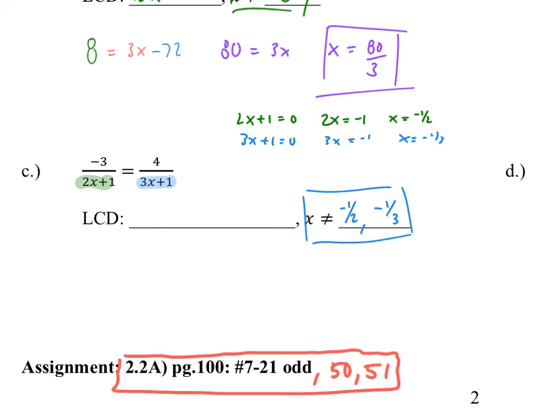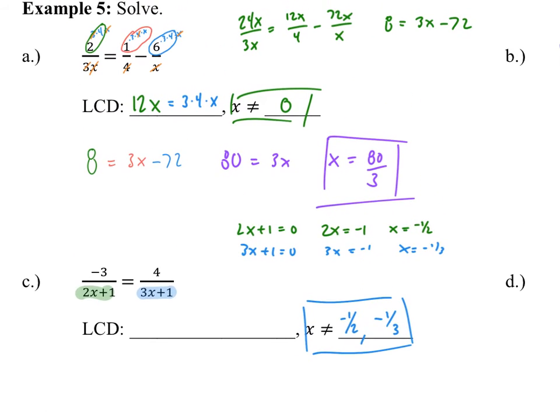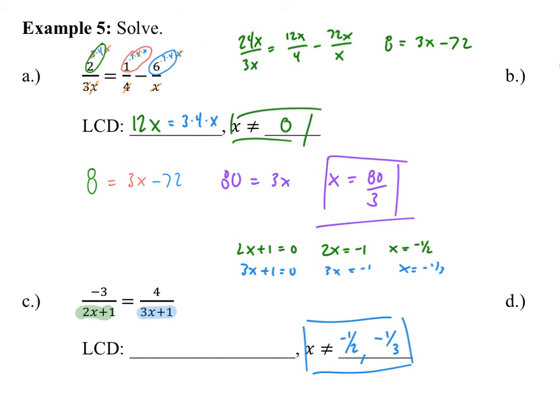Again, when I look at these, the biggest thing here is that there's addition or subtraction in these binomials. So these two binomials are not related at all, because of that addition or subtraction. Whereas up here, I could look at the denominators and say, okay, the x's are actually related.